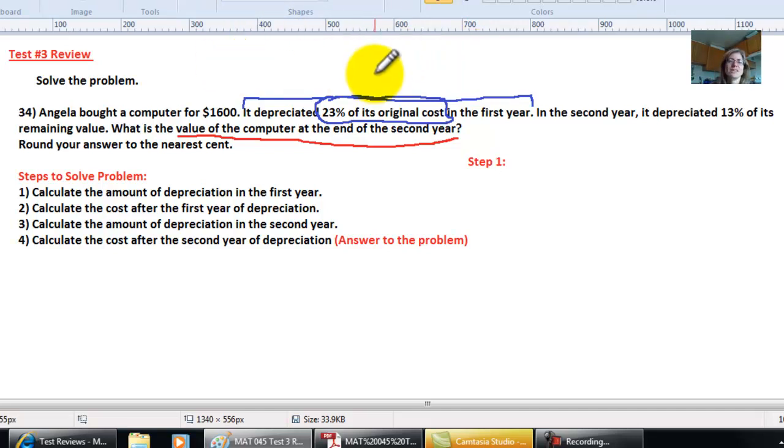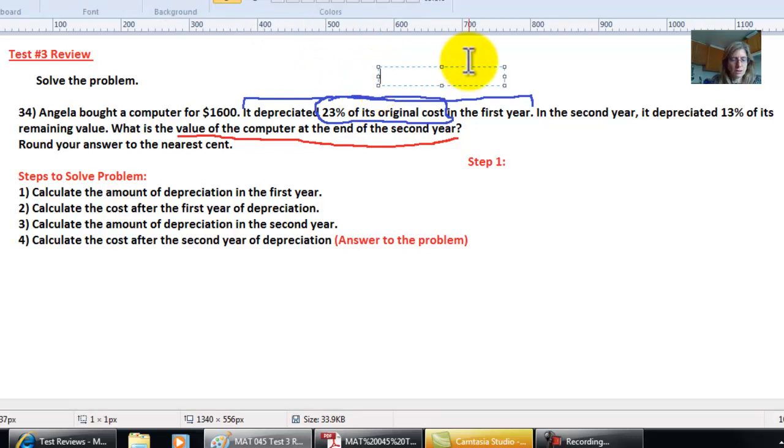The original cost is $1,600. Then 23% is 23%, and it says of. So 23% of 1,600 equals the amount it depreciated.